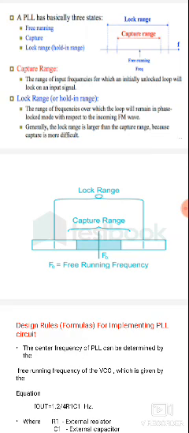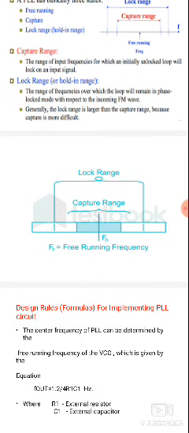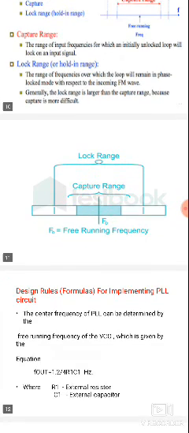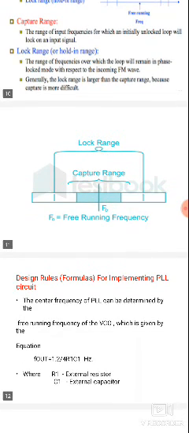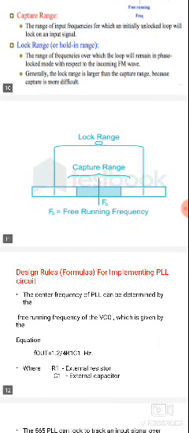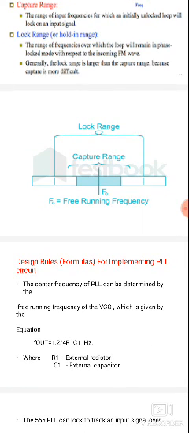The range of frequencies over which the loop remains in phase means the VCO output equals the phase detector input. In this state it works in the locked range, remaining in phase locked mode with respect to the incoming frequency modulated wave. Generally the lock range is larger than the capture range, because capturing is more difficult.